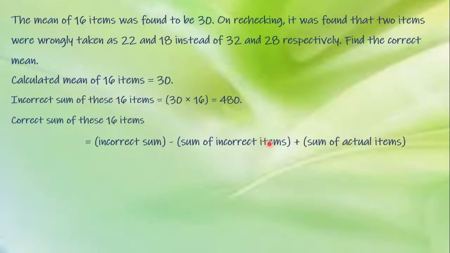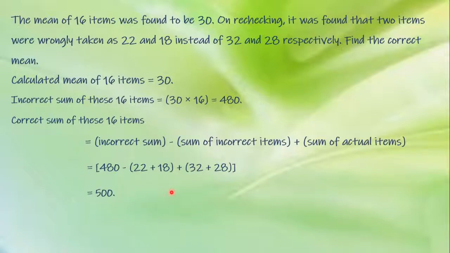Here more than one item is replaced. So it will be 480 minus the wrong ones, 22 plus 18, and we are adding the correct ones, 32 plus 28. The answer will be 500. So the correct sum we obtained is 500.